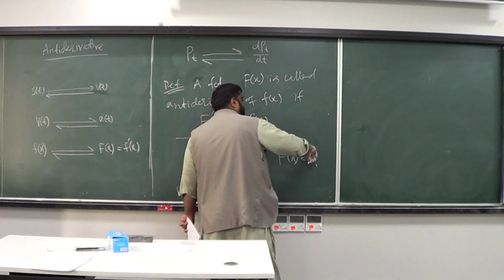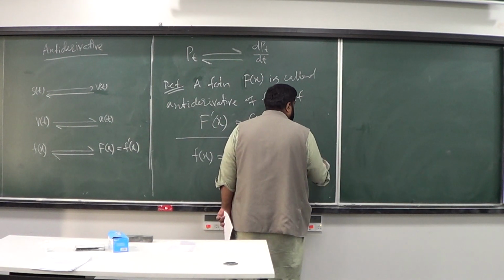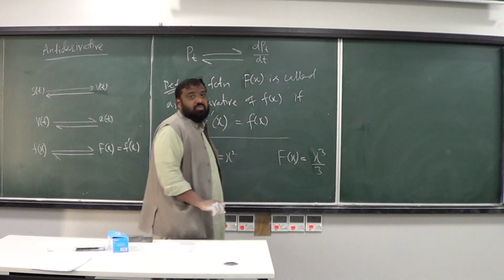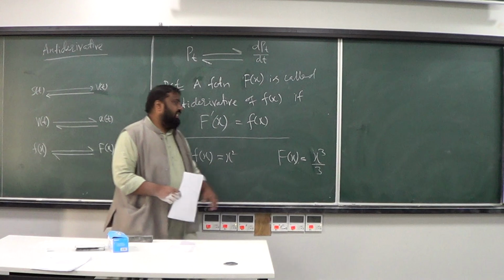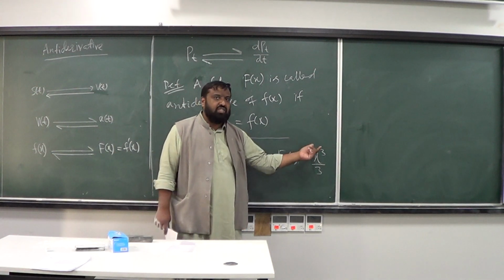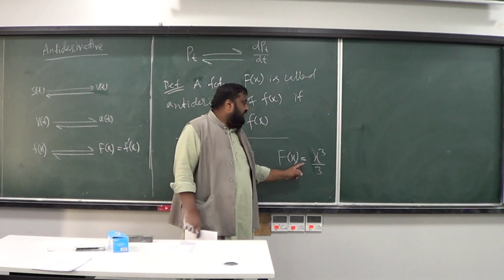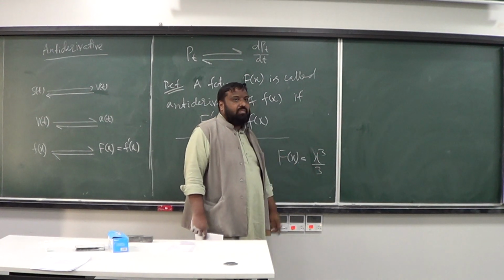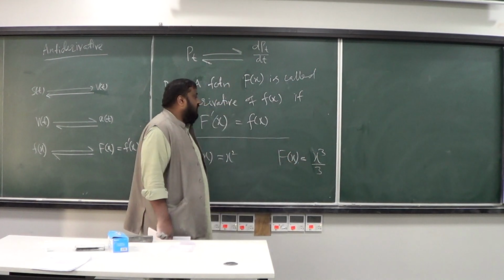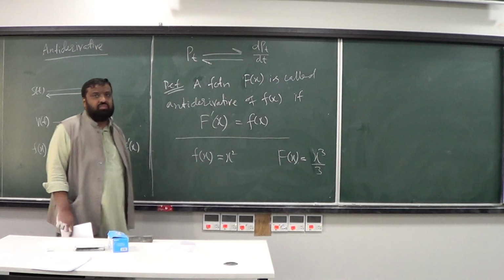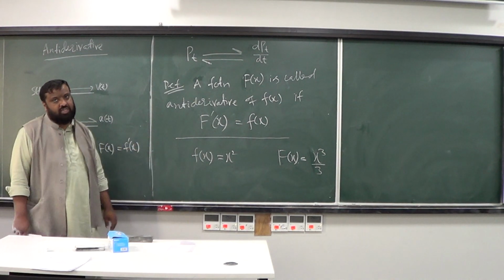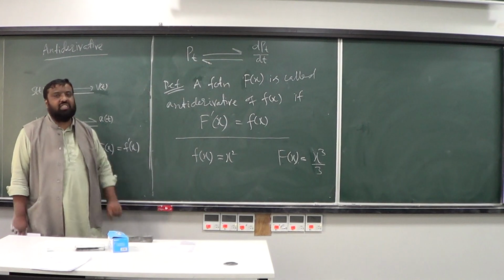One wild guess could be to take x cubed divided by 3. I'm going to talk about the methods for finding such antiderivatives. If you take x cubed divided by 3, the derivative of this is going to be x squared. 3x squared, the 3 will cancel out and you're going to get x squared. But here's another interesting thing.